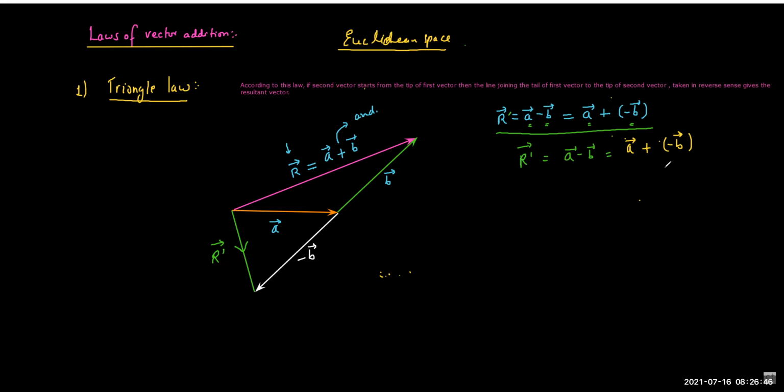So you can change the name and say this is some vector C. Then you can also write R prime is equal to A plus C. So again, it's addition only. There is nothing called subtraction in vector. We just add. We don't subtract anything. Understood? So this is the triangle.